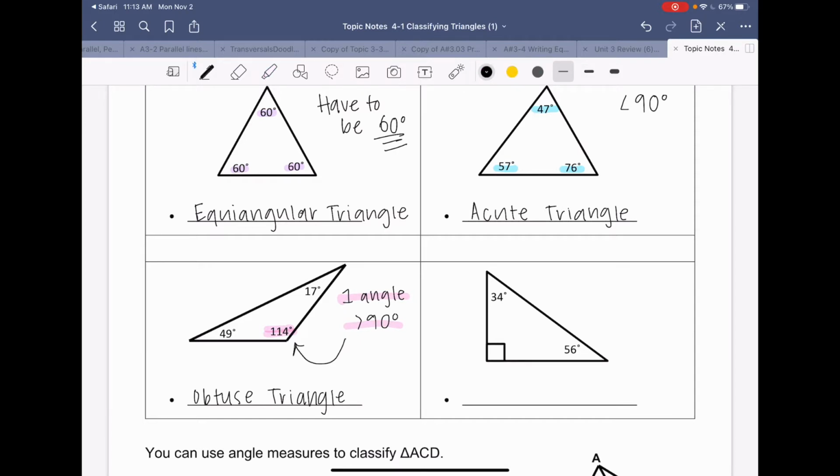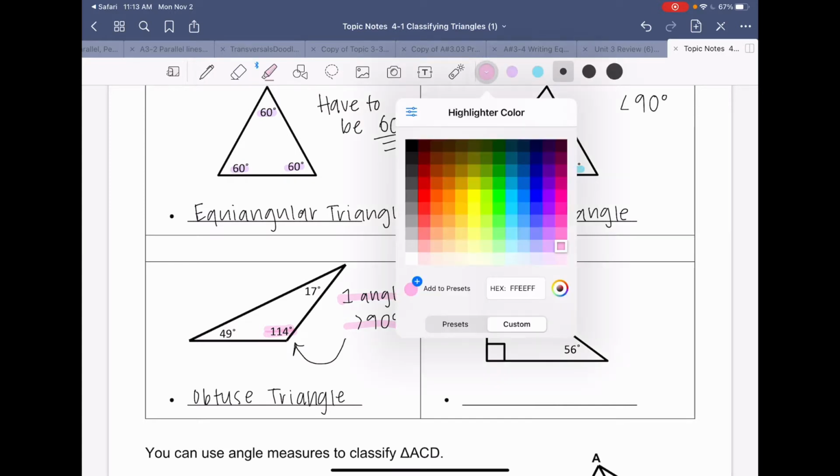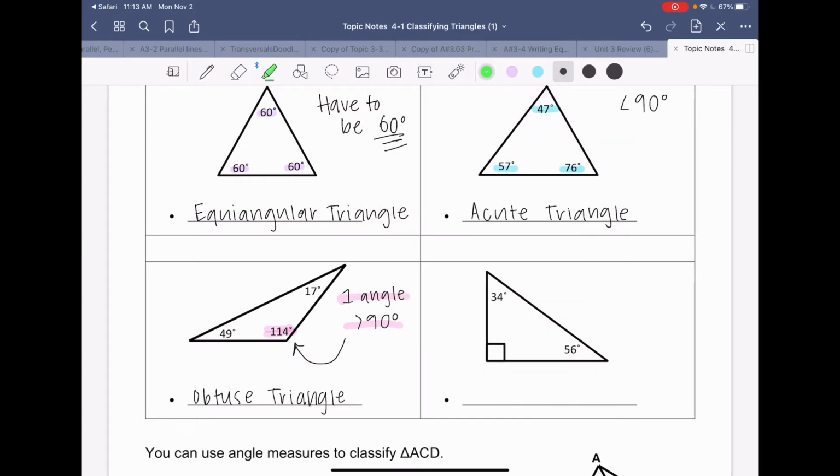And then last but not least, you could probably guess this, because y'all are smart cookies. This right here tells us that this is a right triangle. So a right triangle. So we can classify the angles, and the only four classifications there are equiangular, acute, obtuse, and a right triangle.